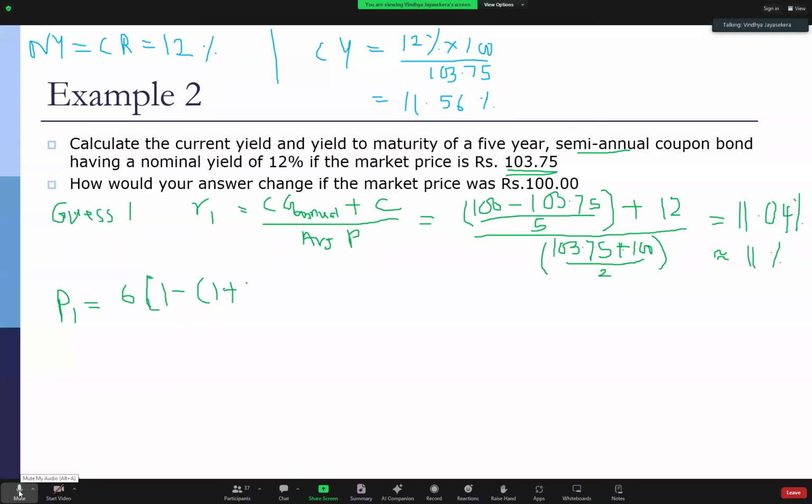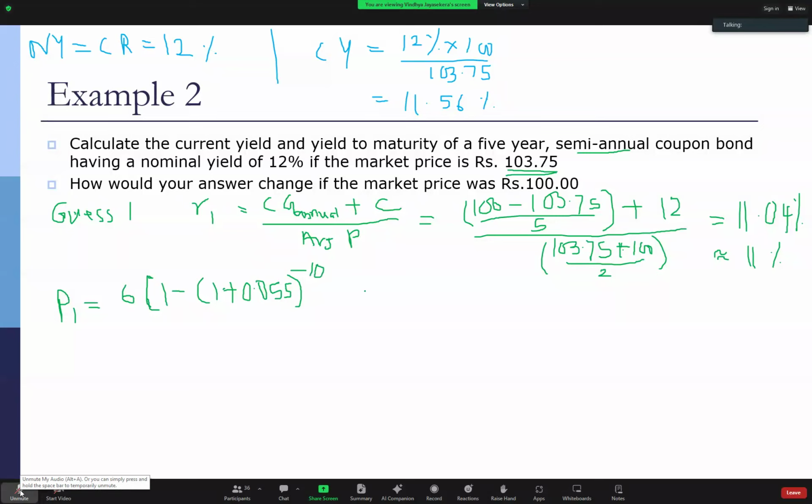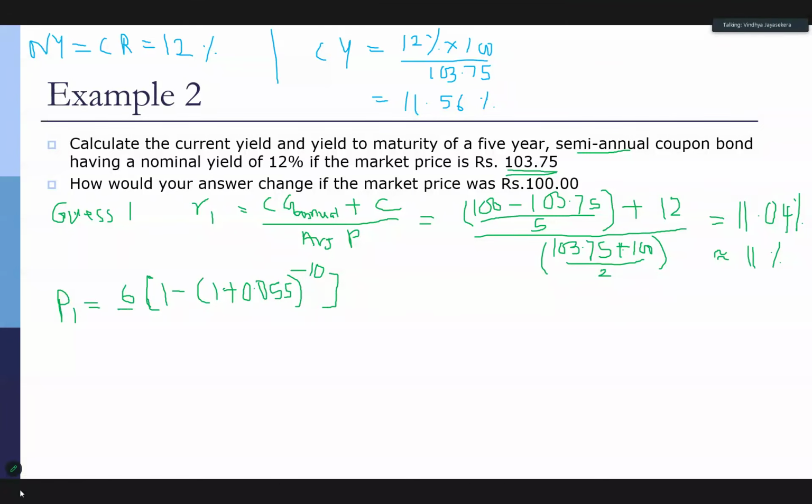This is semi-annual, right? So to the power minus n, n is 10, divided by R, plus face value divided by 1.055 to the power 10. How much is that?